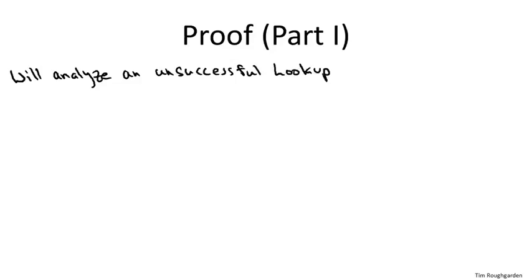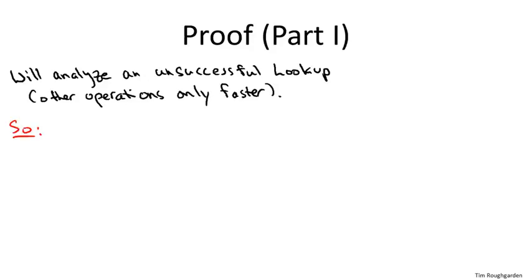So the worst case, as far as traversing through this linked list, is you're looking for something that's not there, because then you've got to look at every single element in the list and fall off the end of the list before you can conclude that the lookup has failed. Of course, insertion, as we discussed, is always constant time. Deletion and successful searches, well, you might get lucky and stop early before you hit the end of the list. So all we're going to do is bother to analyze unsuccessful lookups. That will carry over to all of the other operations.